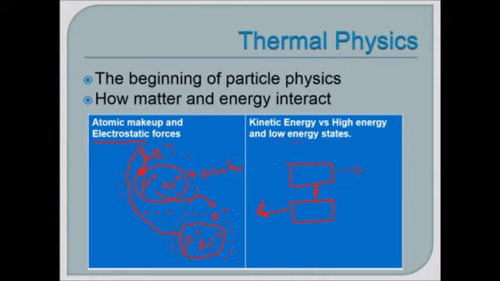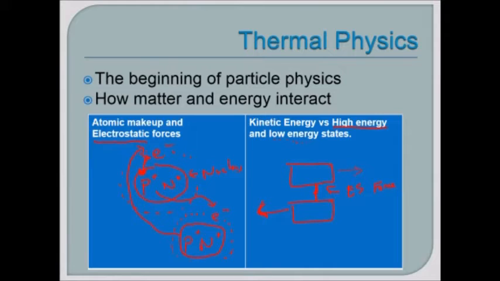However, if we're dealing with a high energy state and these cars are moving quickly, I don't really care how strong the people within the cars are. There is no way they're going to hold these cars together. And this is a really important conundrum in thermal physics, because depending on the speed of the molecules that they're working with, sometimes the electrostatic forces, which I'm representing with the hand holding right here, I'm going to call this the ES force, sometimes our electrostatic forces are strong enough to hold the molecules together and they get clumped up, and this is what we refer to as a solid or a liquid state.